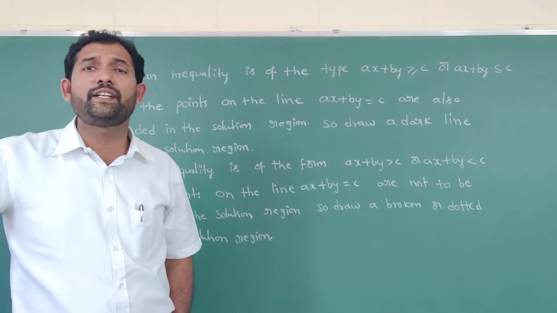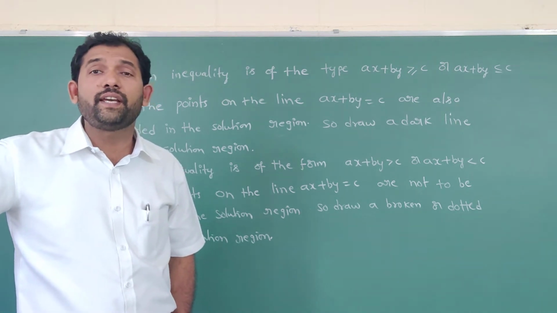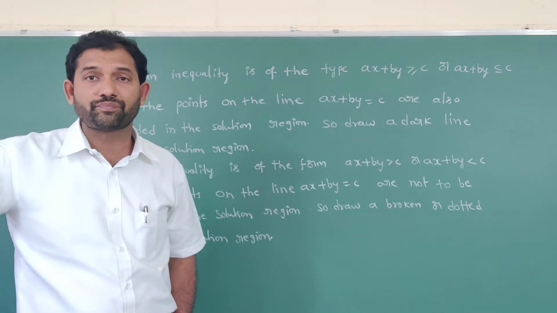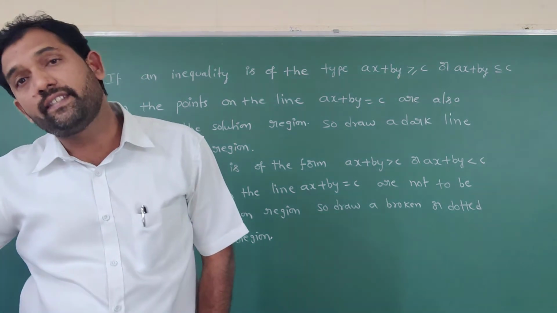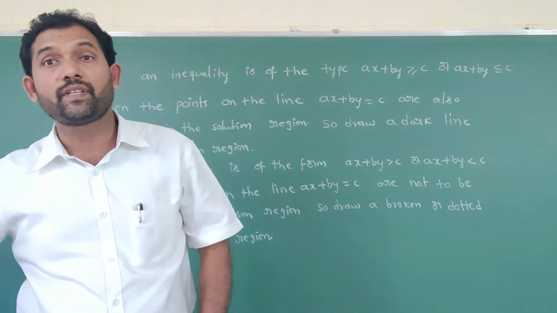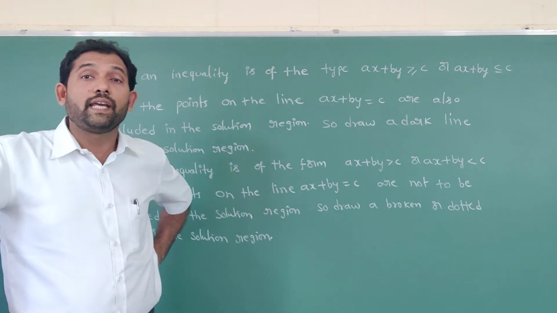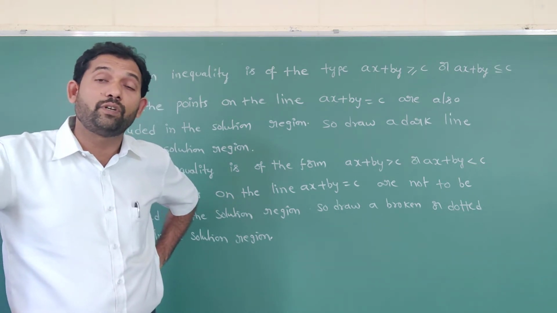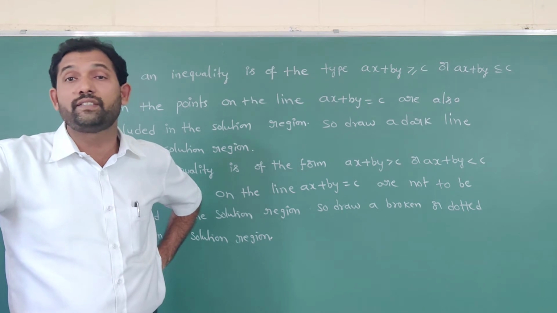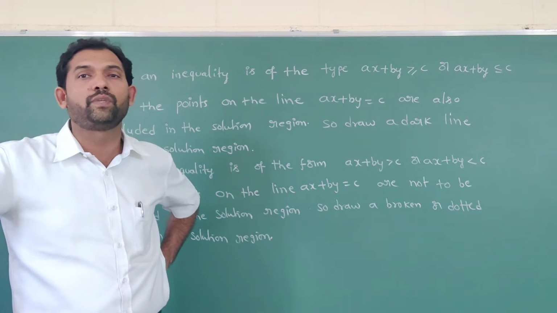So we created linear inequalities ax plus by greater than c, ax plus by less than c, ax plus by greater than or equal to c, ax plus by less than or equal to c.